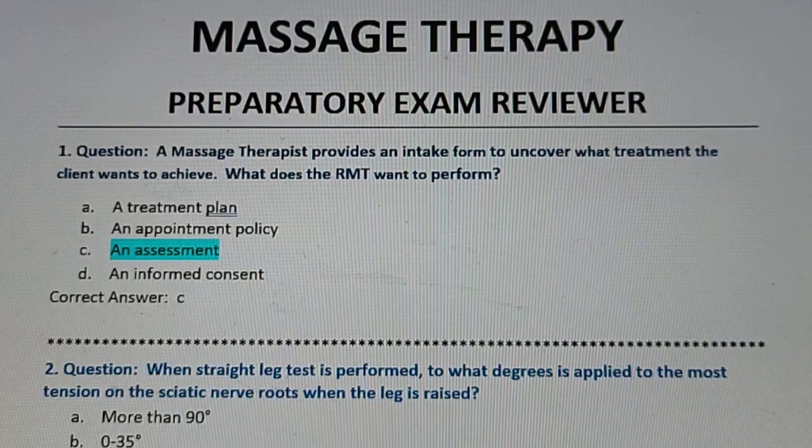For A, it is a treatment plan. For B, an appointment policy. For C, an assessment. And for D, an informed consent. So the correct answer here is letter C, an assessment. Okay, so the question says, what does the RMT want to perform? The RMT wants to perform an assessment. So letter C is the correct answer.